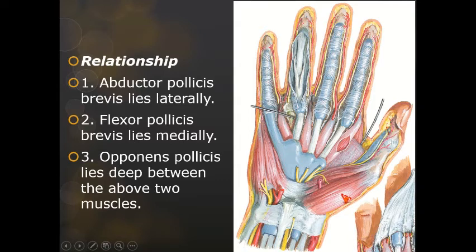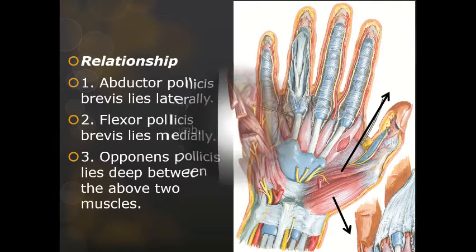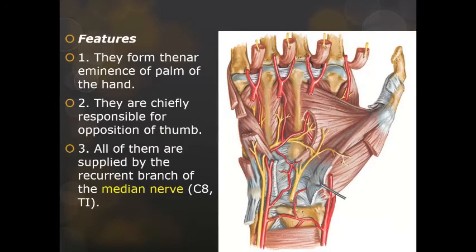So here you can see the abductor pollicis brevis, and towards medially is flexor pollicis brevis, and underneath these 2 muscles we can identify the opponens pollicis. Okay, flexor pollicis brevis, abductor pollicis brevis, and beneath that we can identify the opponens pollicis.